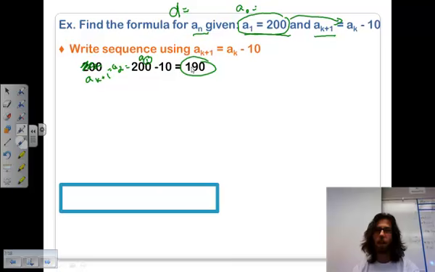So if I know that, I now have 2 separate values that will allow me to find that difference.